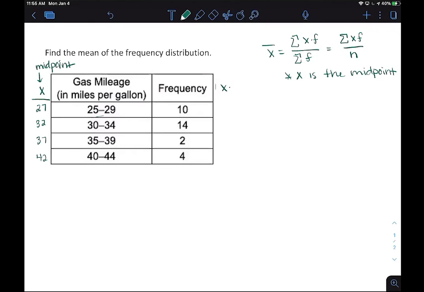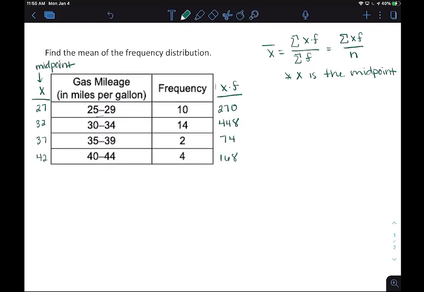We're going to take X times the frequency. So 27 times 10 gives us 270. 32 times 14 gives us 448. 37 times 2 is going to give us 74. And then 42 times 4 gives us 168.